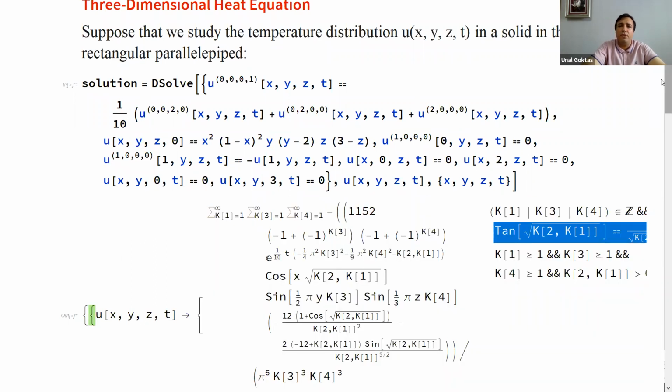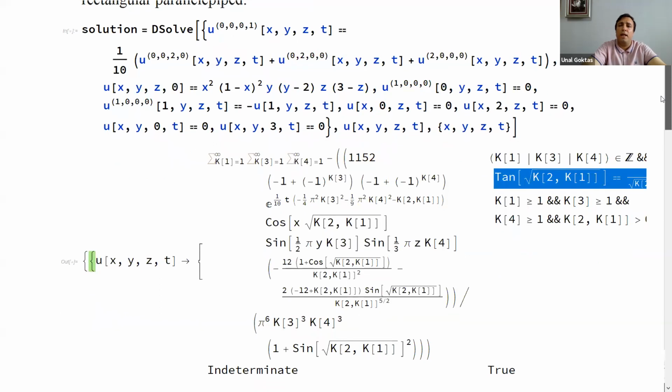So again, we need to first compute the eigenvalues satisfying this condition, and then we can compute the truncated solution for practical purposes.